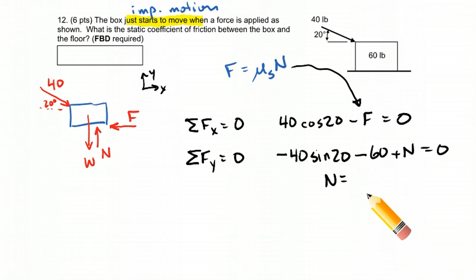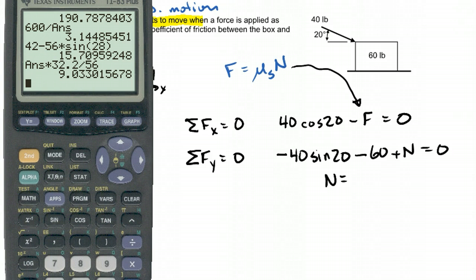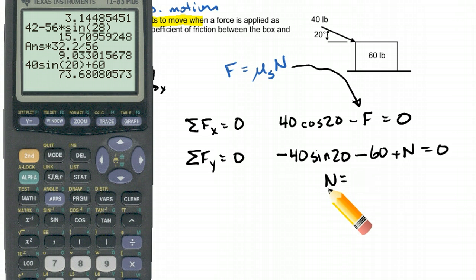Okay, so we can solve for the normal force right here. Let's see, it looks like it's going to be 40 sine 20 plus 60, which is 73.68 units of pounds.